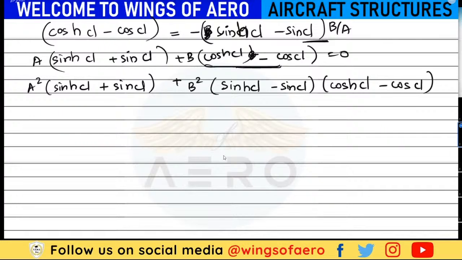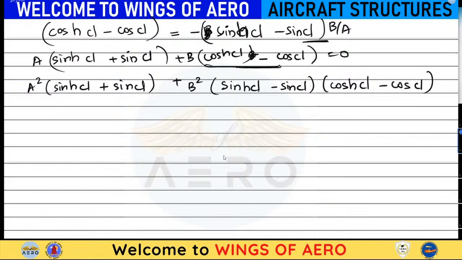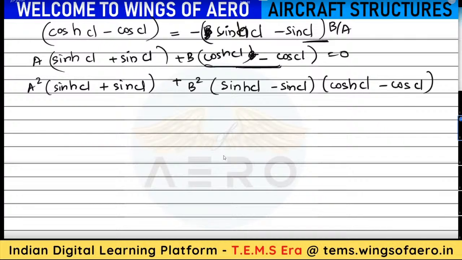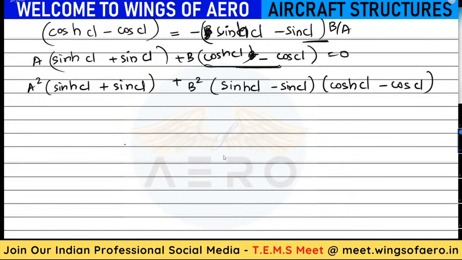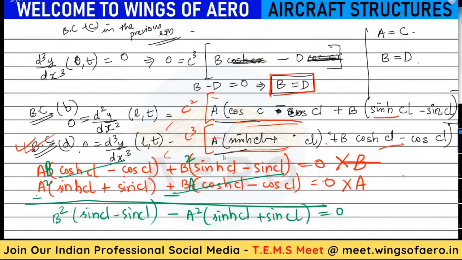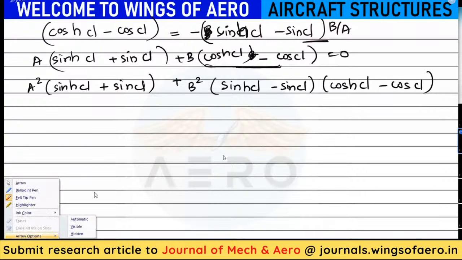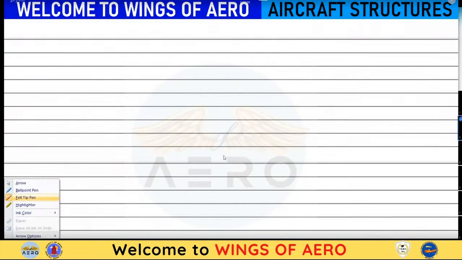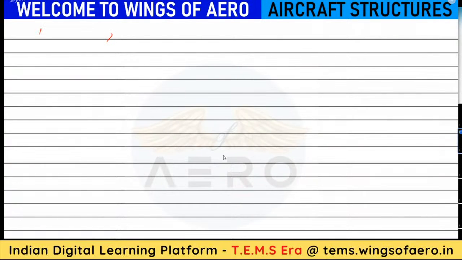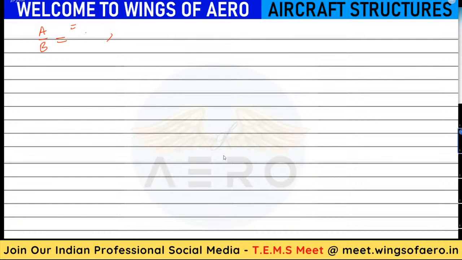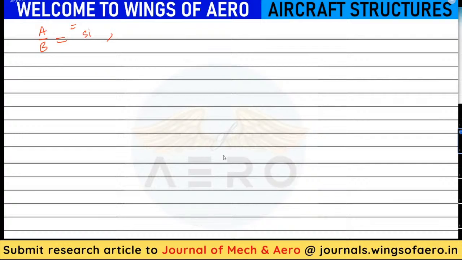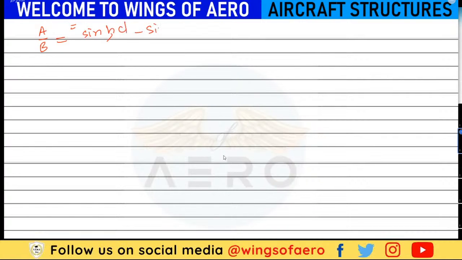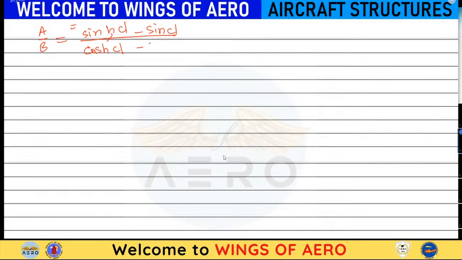Okay. Yes, right. A by B equals sin CL by cosh CL minus cos CL.